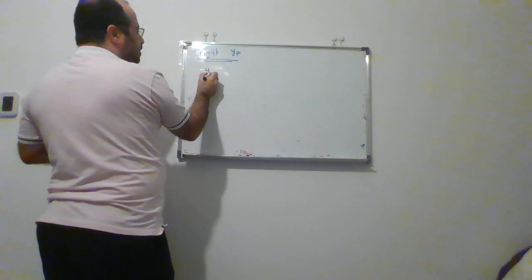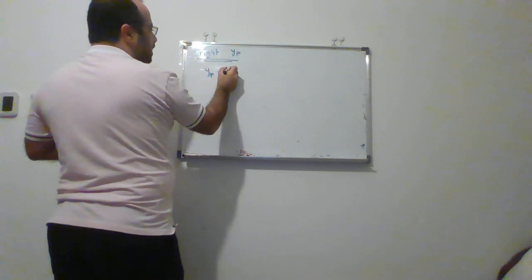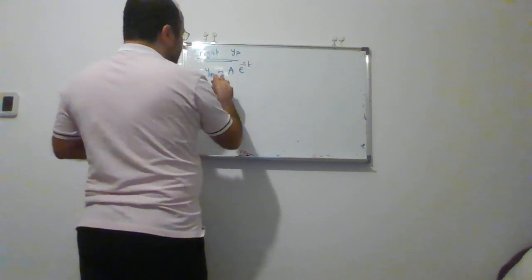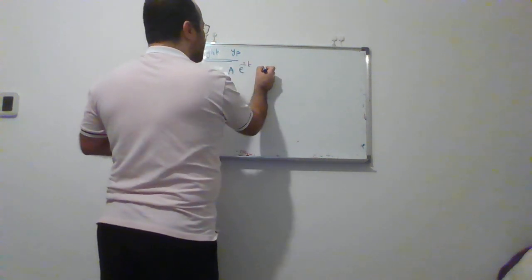You go with y particular, and this is a e^(-2t), we said. And then we discovered that this is the first choice.